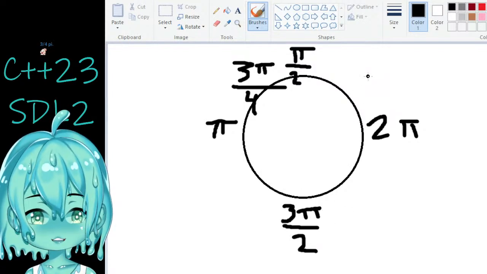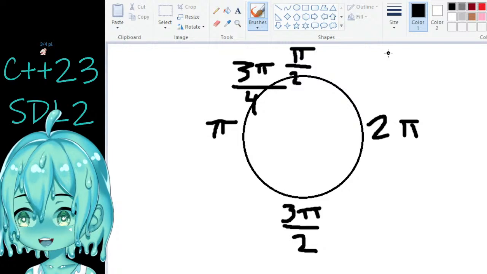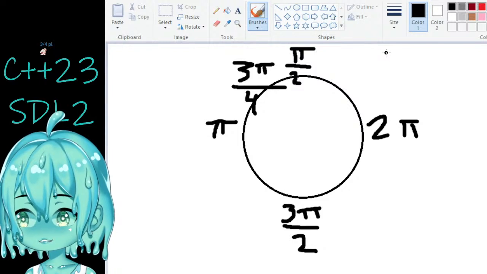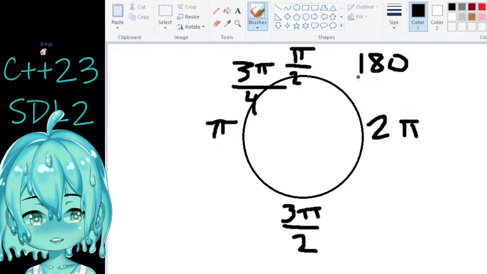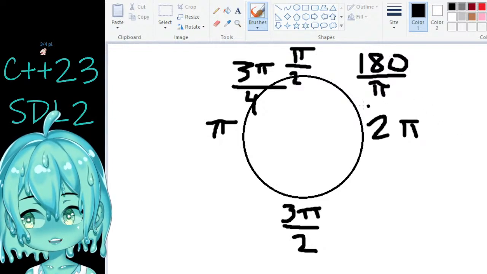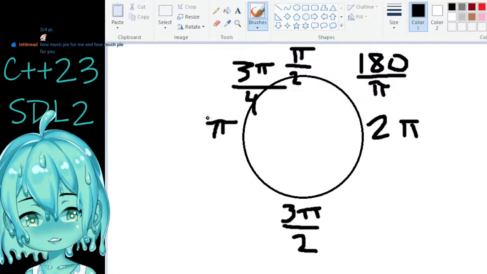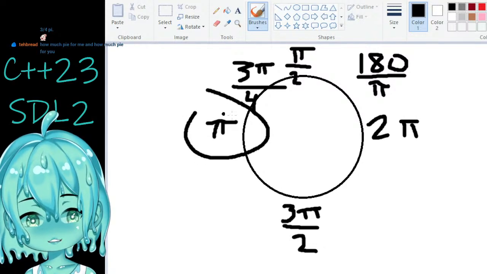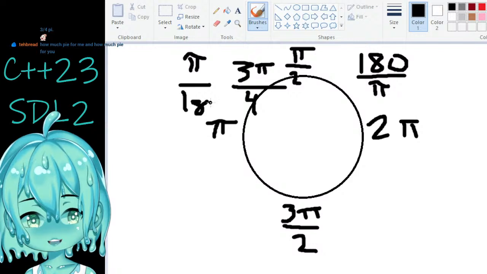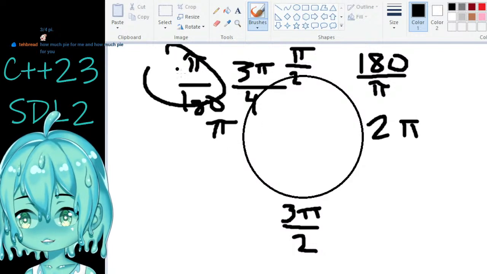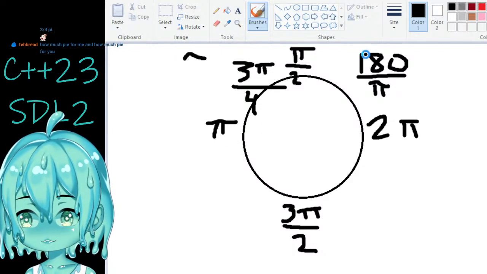Now chat, if we're going to be converting degrees to radians, why do we have this? Because I get it where 180 degrees is pi, but shouldn't it be pi divided by 180? Isn't that the correct number? Why do we have 180 divided by pi?